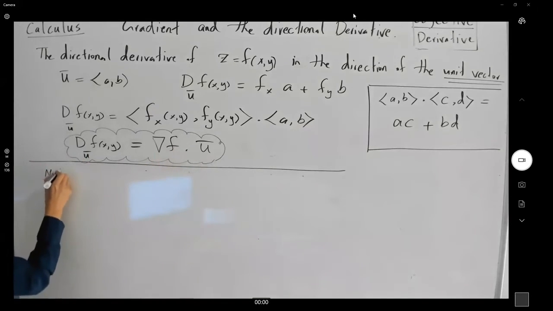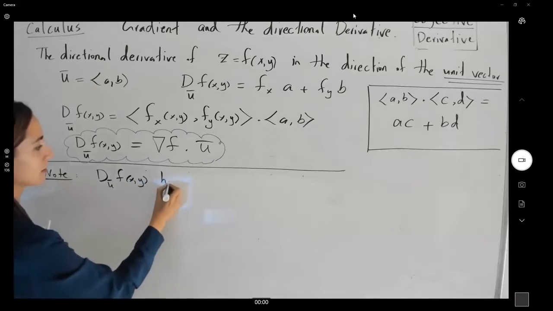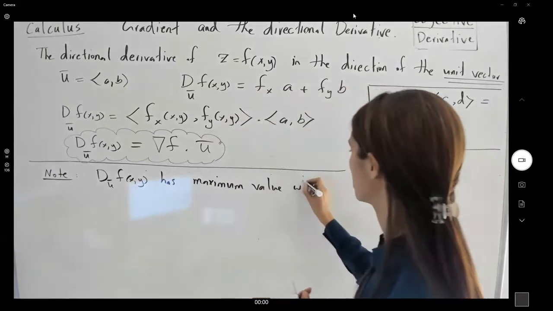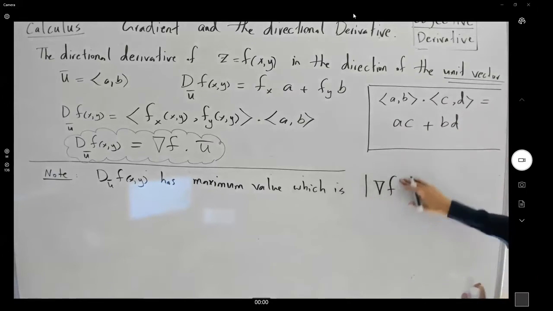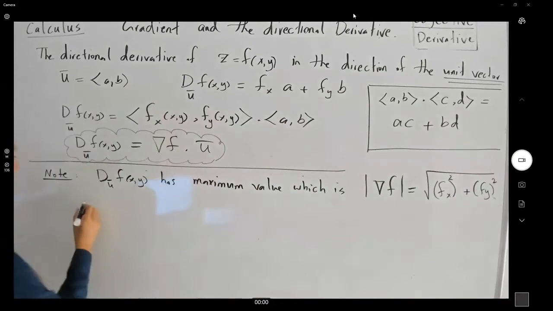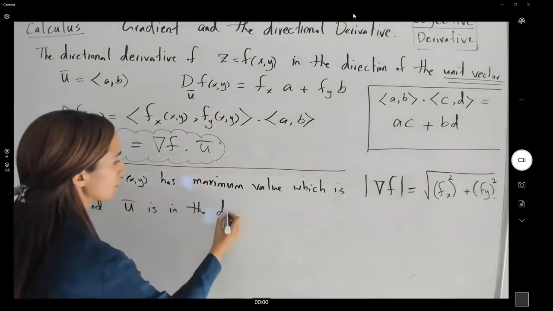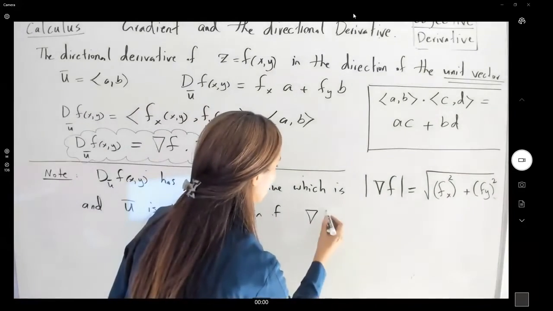So note that directional derivative of f has maximum value, which is the magnitude of the gradient of f, which is equal to square root of partial derivative of f with respect to x squared plus partial derivative of f with respect to y squared, and u is in the direction of the gradient function.